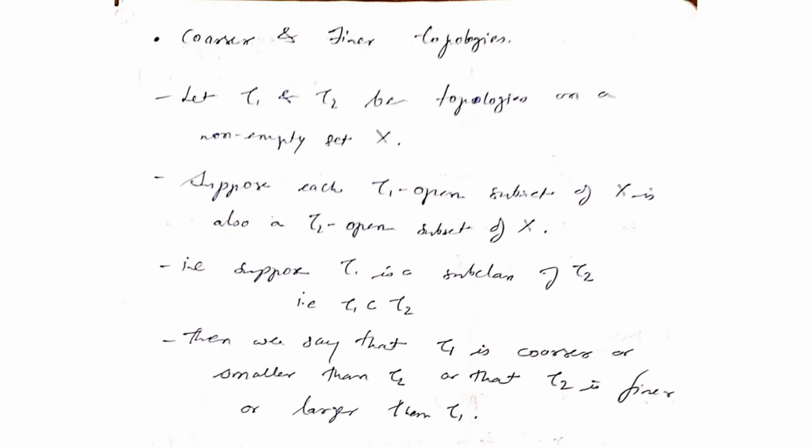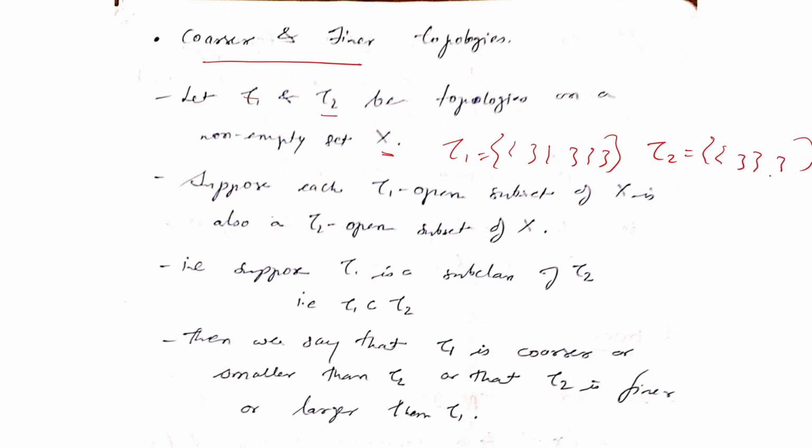So now comes the term coarser and finer topologies. So what are coarser and finer topologies? If you have two topologies tau 1 and tau 2 on a non-empty set X, that is, two topologies you are defining on the same non-empty set X, and suppose each tau 1 open subset of X is also a tau 2 open subset of X. Okay, so if you are having some sets in tau 1 and some sets in tau 2, each tau 1 open set will also be a tau 2 open subset of X. Fine.